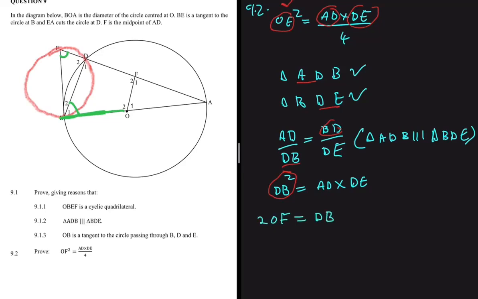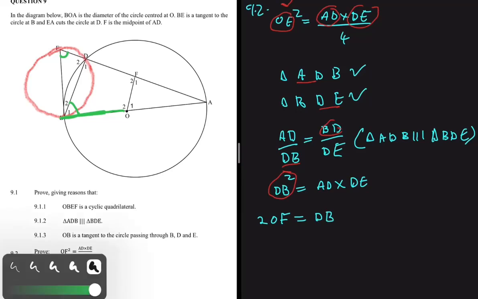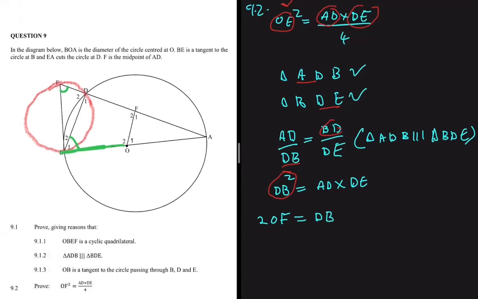Let me tell you why, right? Don't forget that we have already deduced that F1 is 90, but also D1 is 90, because it's been subtended by the diameter. So if F1 is 90 and D1 is 90, then we know that OF should be parallel to DB, right?